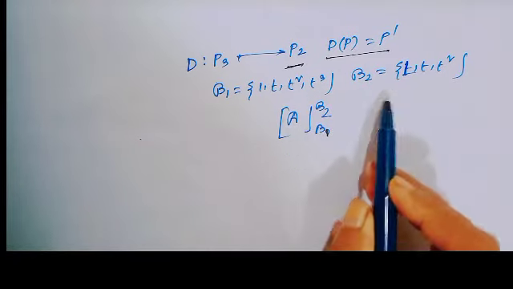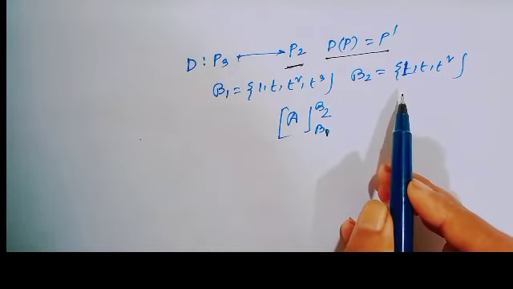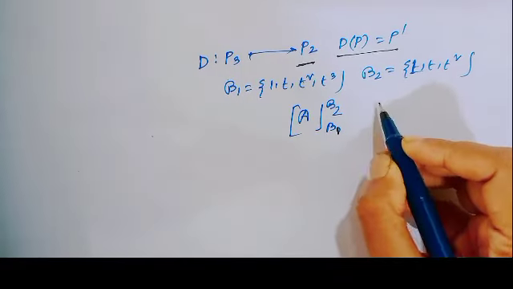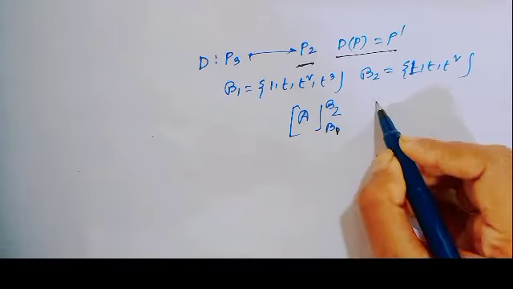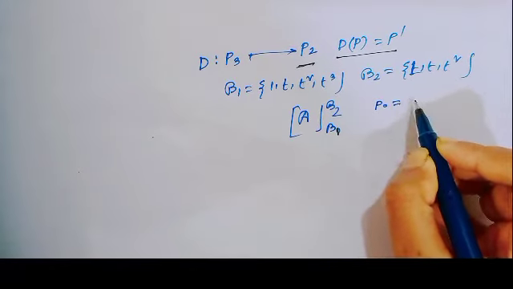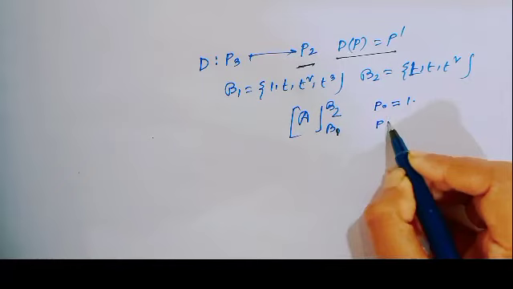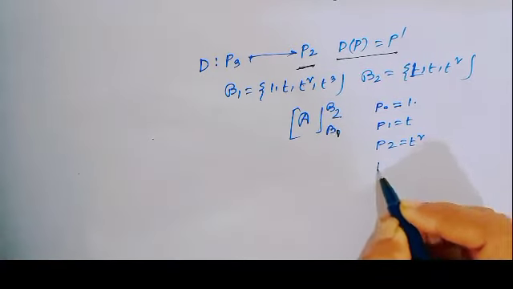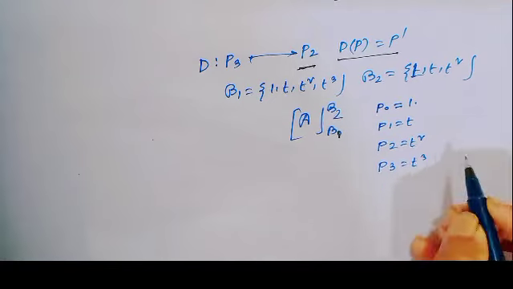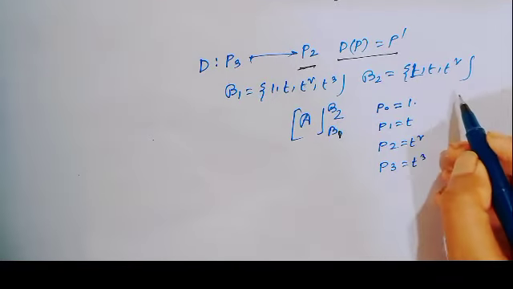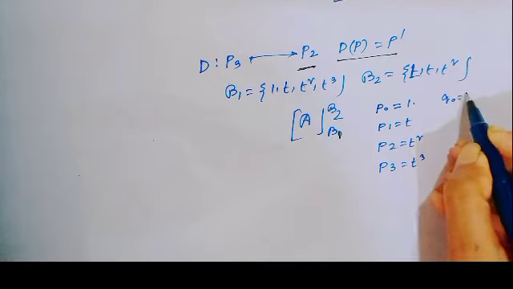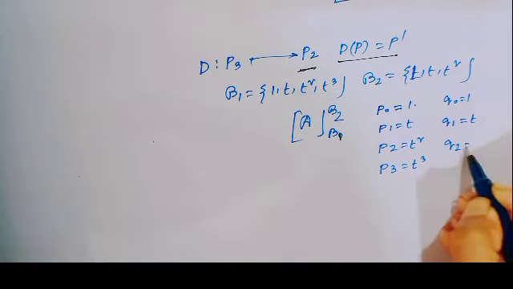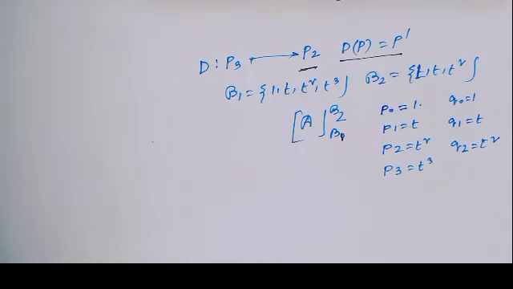Here I have considered two bases. For this, just consider the basis B1 as P0 equal to 1, P1 equal to t, P2 equal to t square and P3 equal to t cube. And this basis as Q0 equal to 1, Q1 equal to t and Q2 equal to t square.